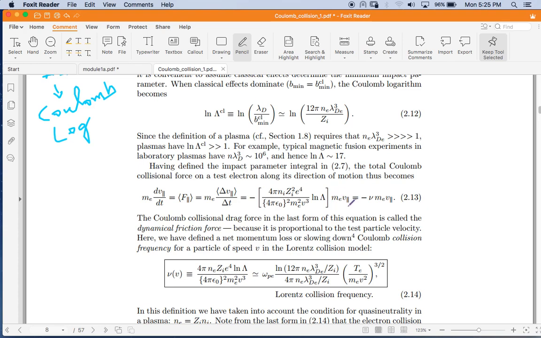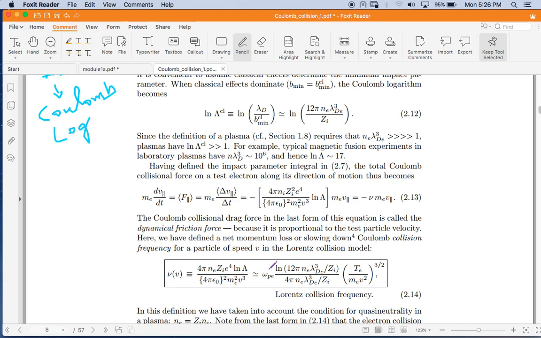If we insist that everything inside this square bracket, which does have the dimensions of frequency, you can verify that, be called a collision frequency, then the collision frequency, which is a function of V, is just this right here. Between here and here is just a little bit of rearrangement, and I will avoid this because we've not yet defined the plasma frequency, but we will leave it at that.